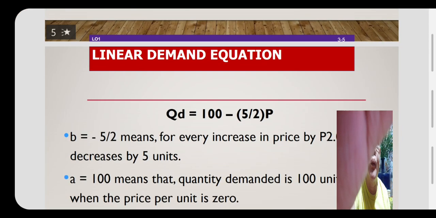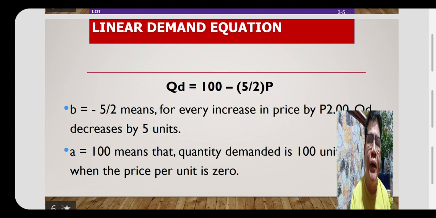That is to say, the change in quantity is 5 and the change in price is 2. So, how can it be interpreted now?